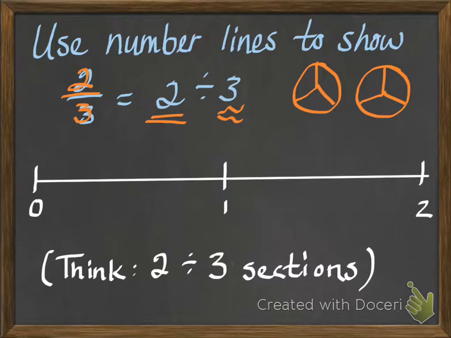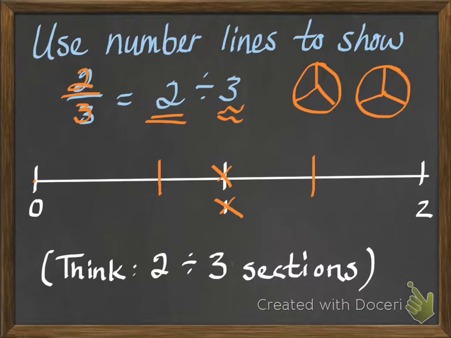Okay? On my number line, I have the numbers 0, 1, and 2, and I'm going to ignore that 1 for a second, and I'm going to think of just the number 2 being divided into 3 sections. So I've got 1 section here, one section here.